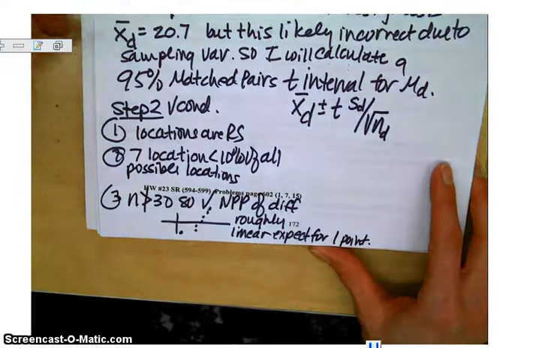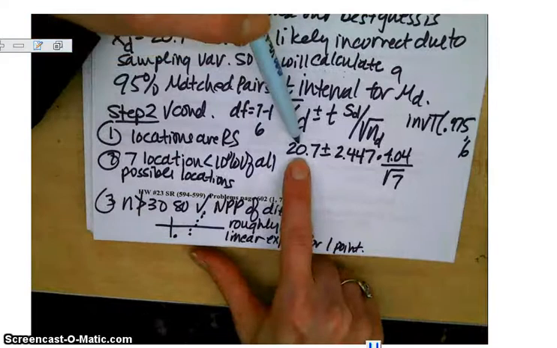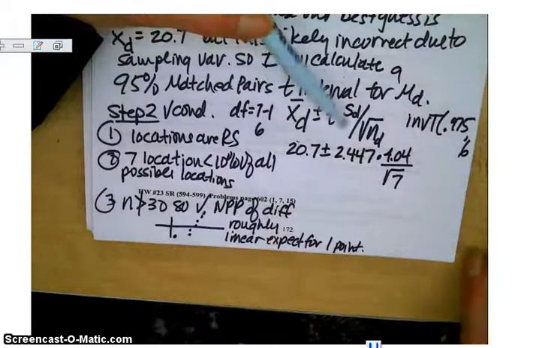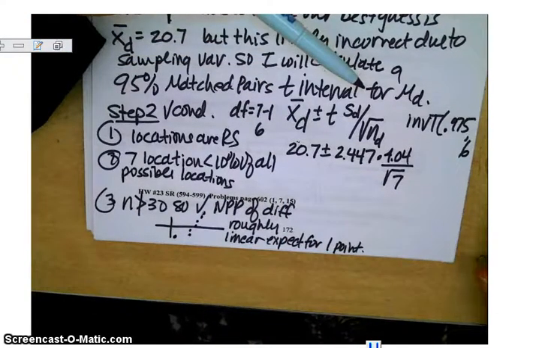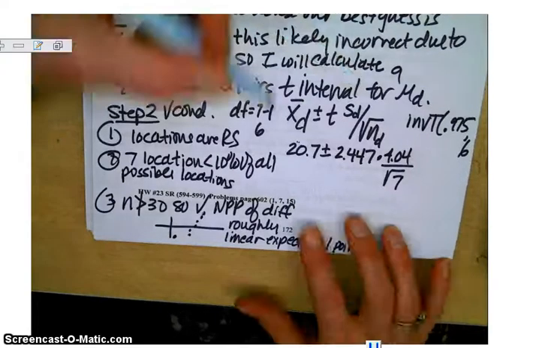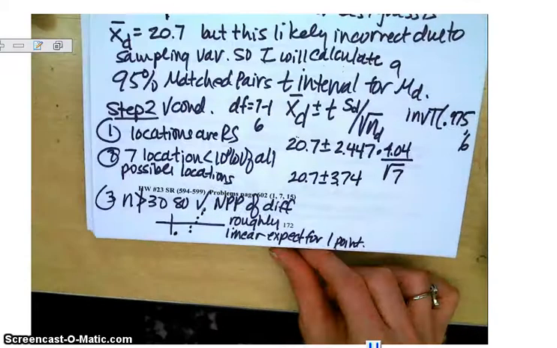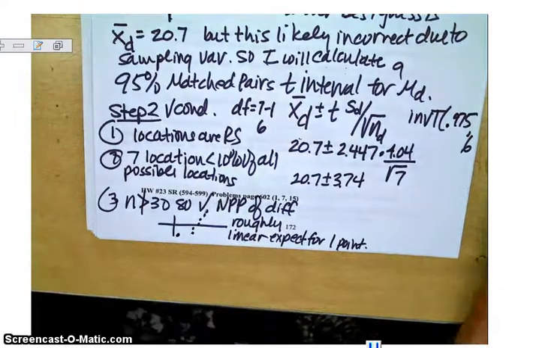So now we just plug in our numbers. We've got 20.7, plus or minus 2.447 times 4.04 divided by the square root of 7. That gives us 20.7 plus and minus 3.74. And then we're just going to add and subtract that.